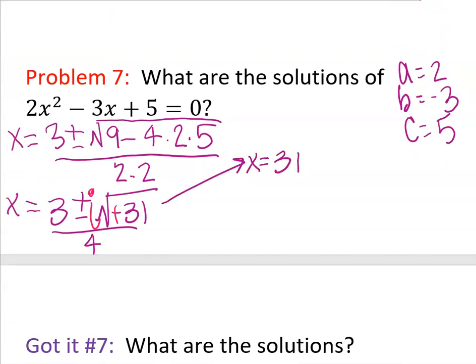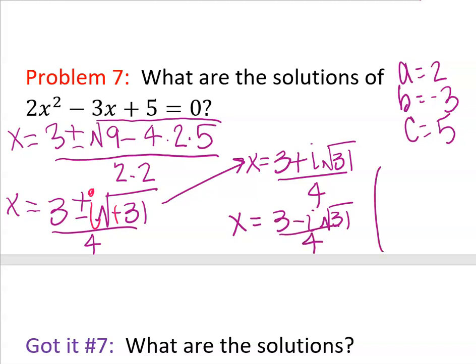So 3 plus i square root 31 over 4 is one of my answers. 3 minus i square root of 31 over 4 is the other. Your answers to the quadratic formula are going to look a little bit different than they do when you complete the square.